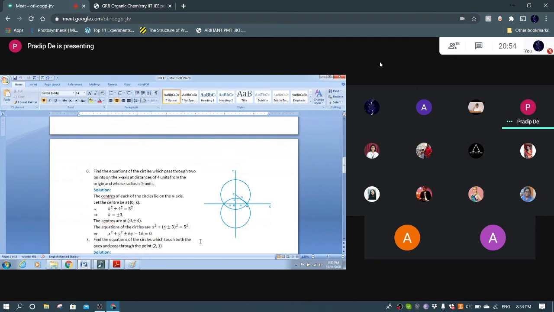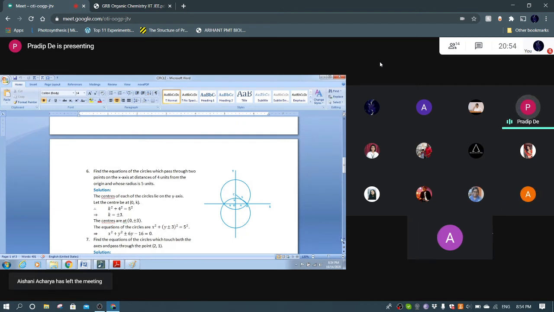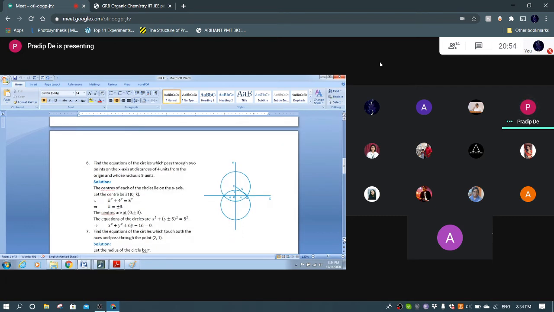Let the radius be r. It passes through 2 comma 1 and touches both the coordinate axis. Therefore, the center is at r comma r. Therefore, the equation of the circle is x minus r whole square plus y minus r whole square is equal to r square.